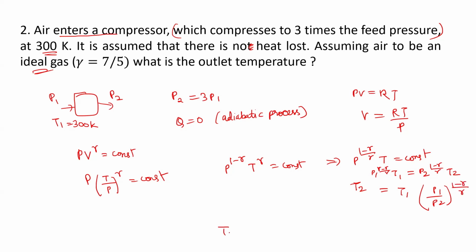This gives T2 is equal to T1, which is 300 Kelvin, into (P1 by P2), which is 1 by 3, to the power (1 minus gamma)/gamma, which is minus 2 by 5 divided by 7 by 5. So this is 300 into 3^(2/7).